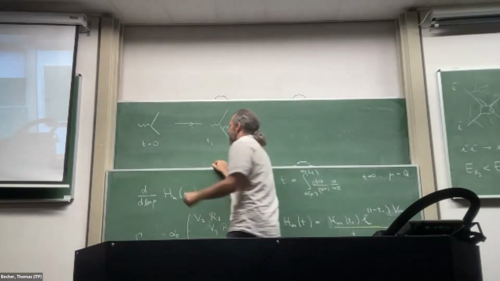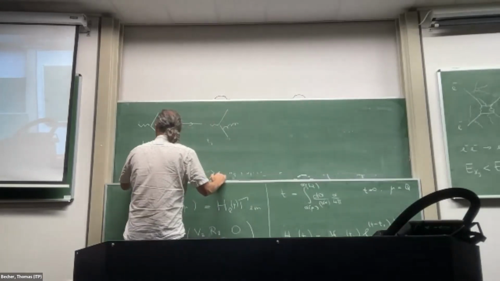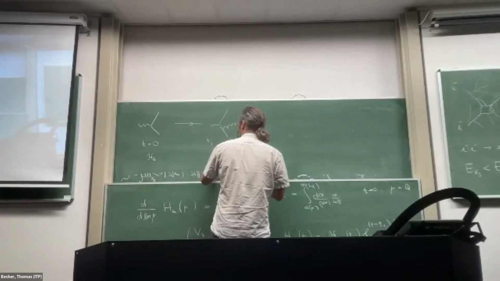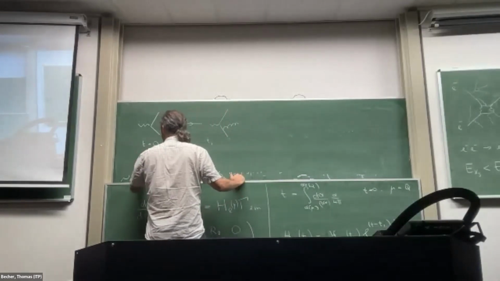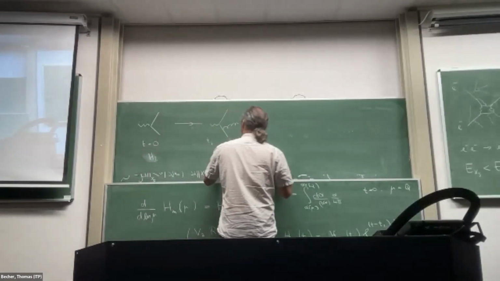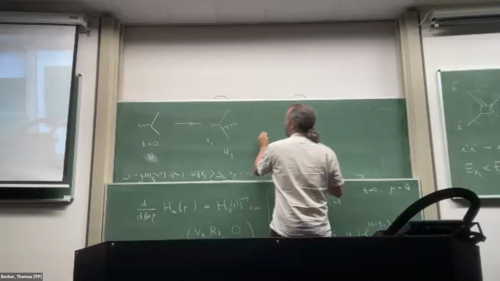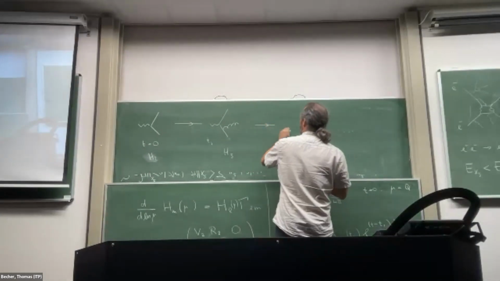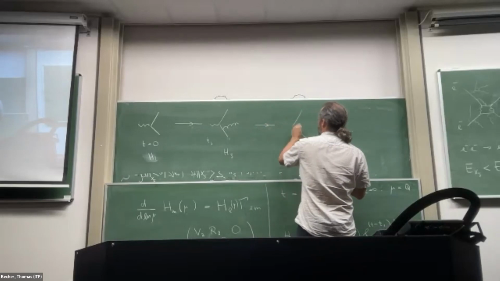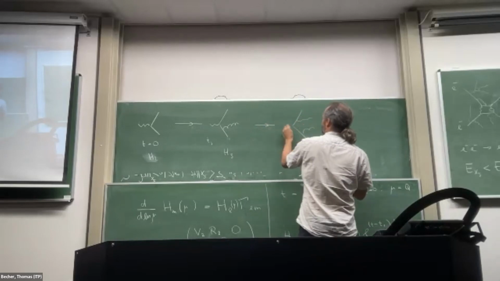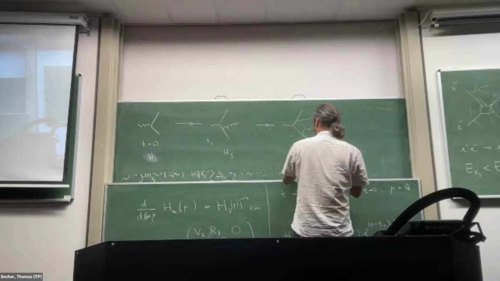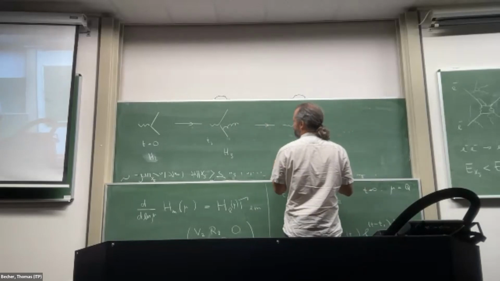So I started with h2, and now I move to h3, h2 into h3. Then I do another step, and I can add another parton, and I come to h4.